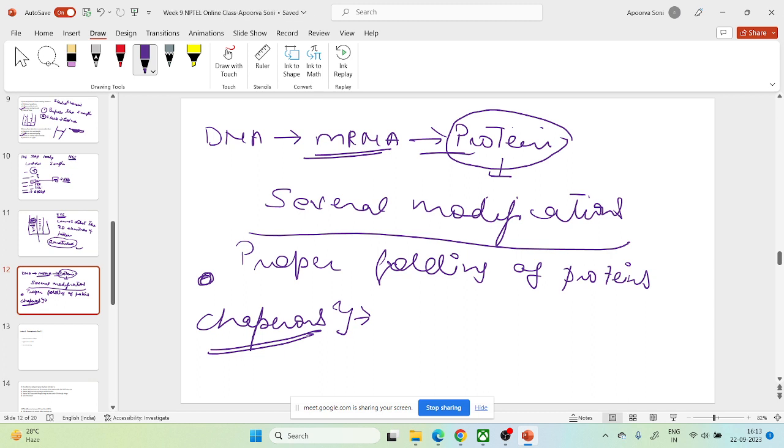Why I'm telling you is that protein synthesis is a very intricate process. It not only involves the synthesis of proteins from individual amino acids, it also involves the proper folding of the protein. So if you're doing any experiment involving protein isolation and purification, your objective is not just to isolate the protein, but to isolate it in its correct conformation, its correct folding.